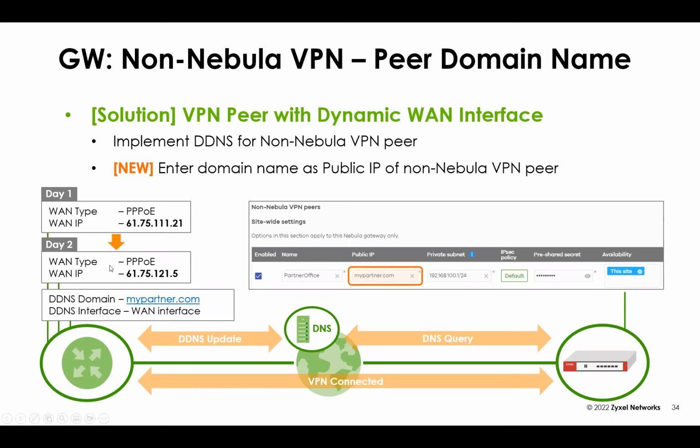However, on day 2, their IP address changed because it's dynamically set. Because they have it set to DHCP, the IP address has dynamically changed. However, because we have it set to a DDNS host name, it's always going to report whatever the changed IP address is. So that way we can put that particular host name in for the VPN connection.